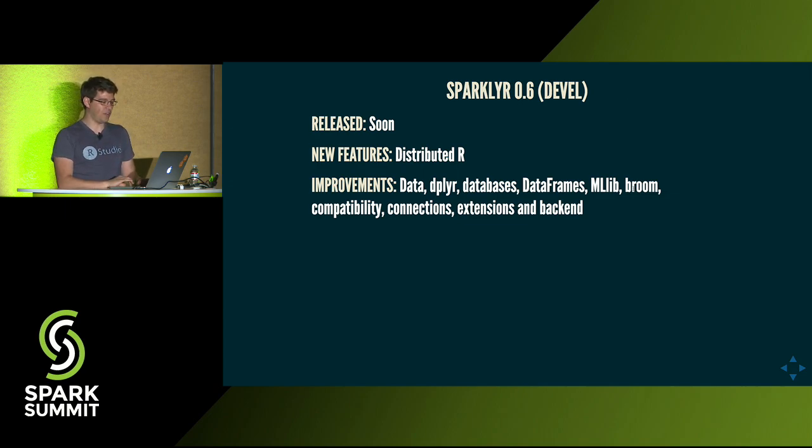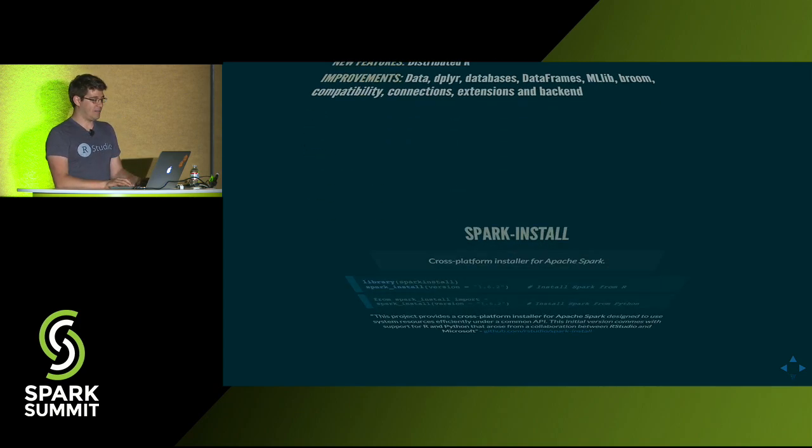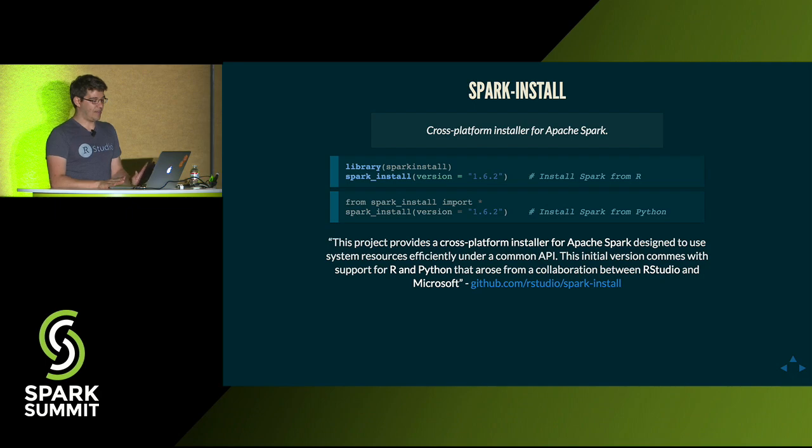One more interesting piece of information that I wanted to share today is the creation of a new project and initiative. This project is called Spark Install, and we covered already what Spark Install does within Sparklyr.